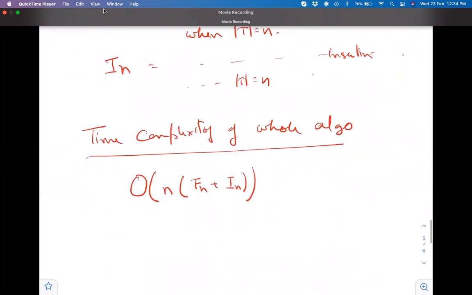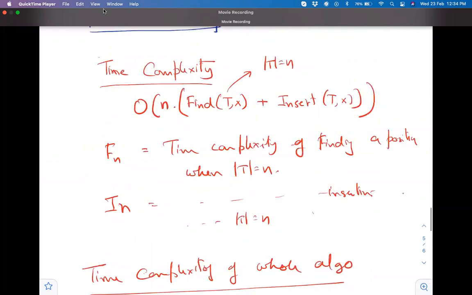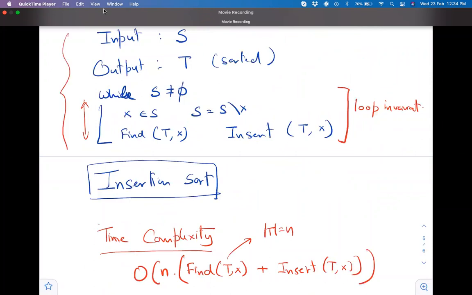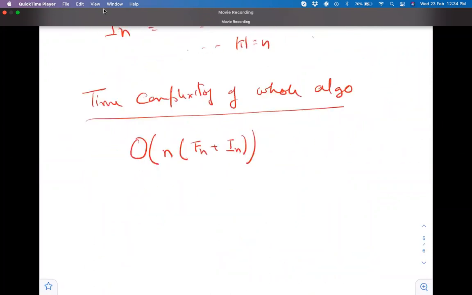Now, if you look at this algorithm a bit more closely, you can do a finer analysis, because the order will be the summation of f_i plus i, for i equals 1 to n. Maybe this is slightly better, maybe slightly lower, I don't know.